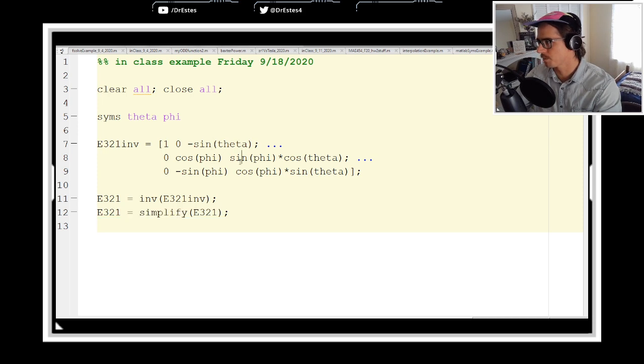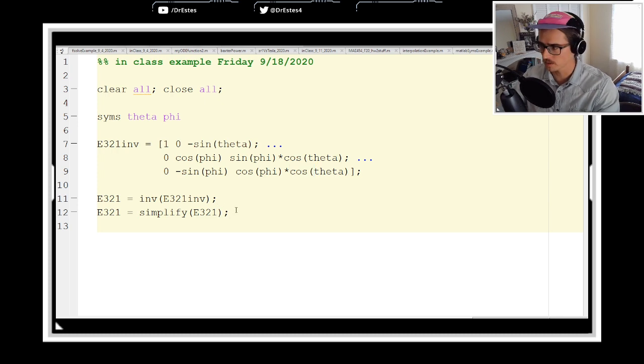I think this one might be, what did I do? I'm checking this matrix because I might have just done it wrong. 1, 0, cosine phi, sine phi, cosine theta, 0, minus sine phi, cosine phi. Oh my goodness. Good grief. This was supposed to be cosine theta. Okay, I had a little typo up there. That cosine got lost in translation.